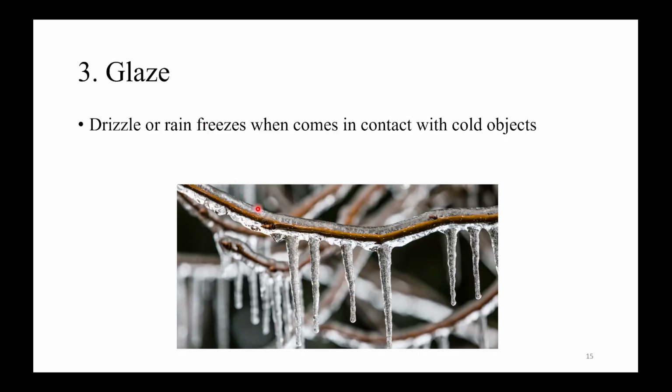When the rain falls and comes in contact with these cold objects, it freezes to form ice. So we call that a glaze. You must have seen glaze on branches, on the windshields of your car, correct?